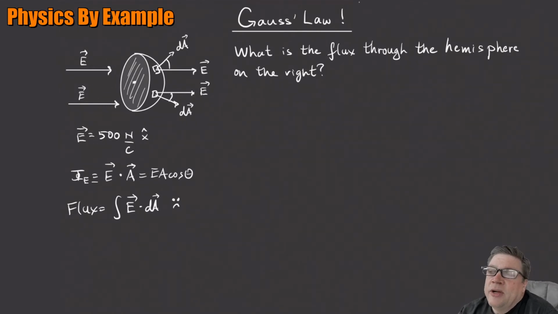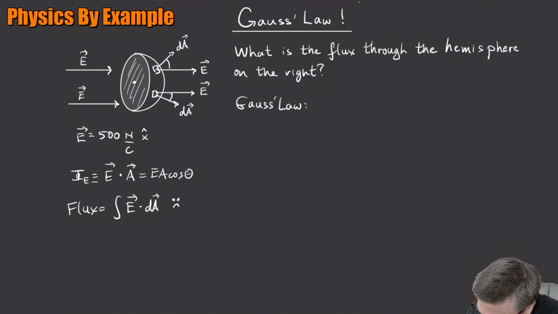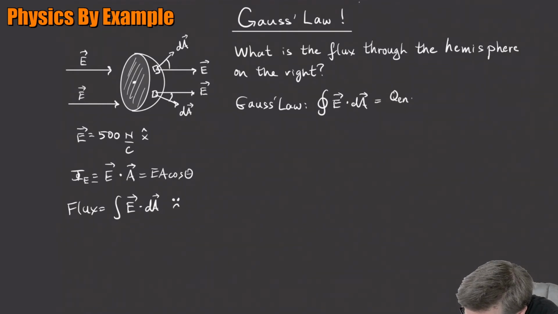So what we're going to do instead is use Gauss's law. Gauss's law says, in integral form, that if I add up the flux through a closed surface, and that little circle there means a closed surface, if I add all this stuff up, E dot dA, over an entire closed surface, that's going to be equal to the amount of charge enclosed by the surface, divided by epsilon naught.